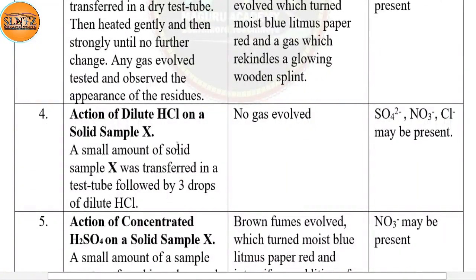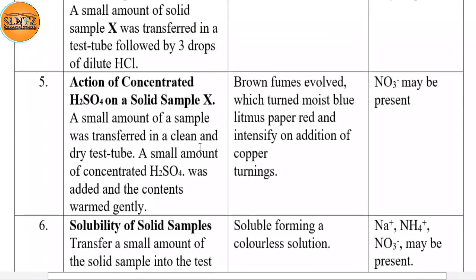Action of dilute hydrochloric acid, this one: a small amount transferred, followed by this one. No gas evolved, and the note gas evolves. So sulfate, nitrate, chloride may be present. Action of concentrated sulfuric acid: a small amount was transferred in a clean and dry test tube.